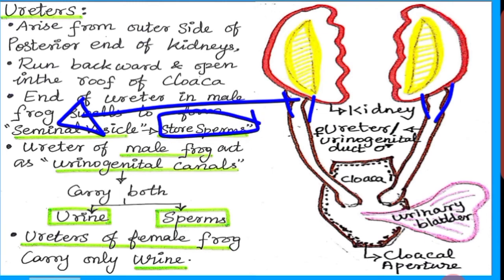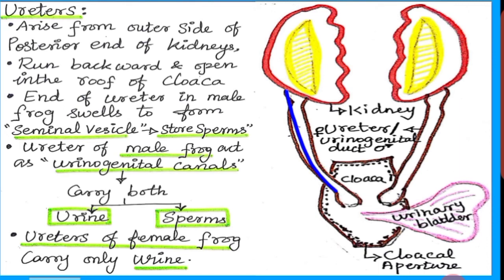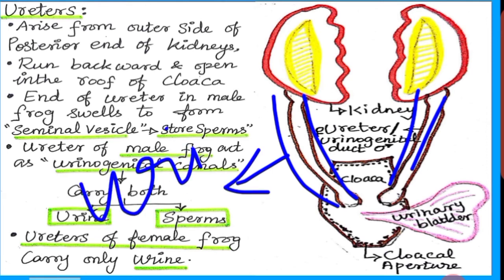This is the ureter of male frog. It acts as a urinogenital canal. Why? Because it carries urine as well as sperm. In the case of female frog, the ureter carries only urine, so it is named the ureter.